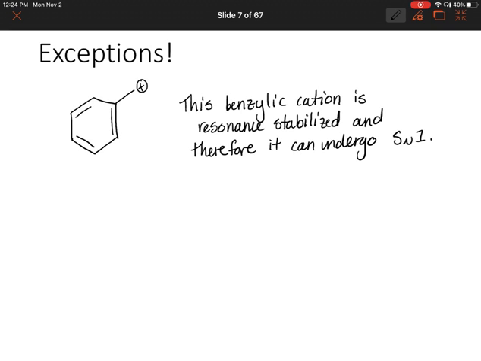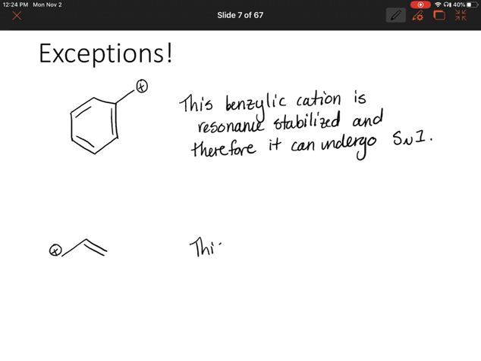Now there's another exception, which is our allylic cation that we saw a long time ago. And this also looks like a primary carbocation. But remember, it can resonance stabilize.